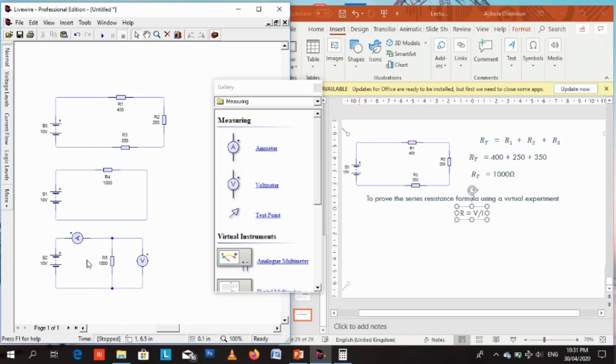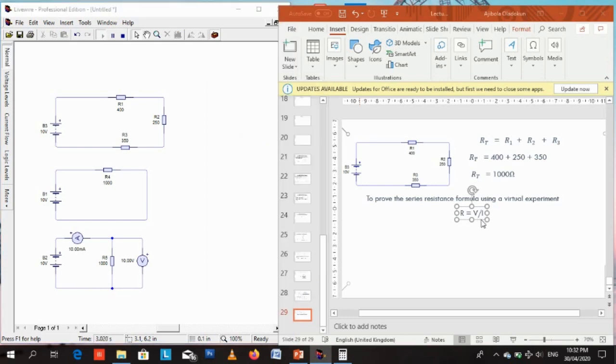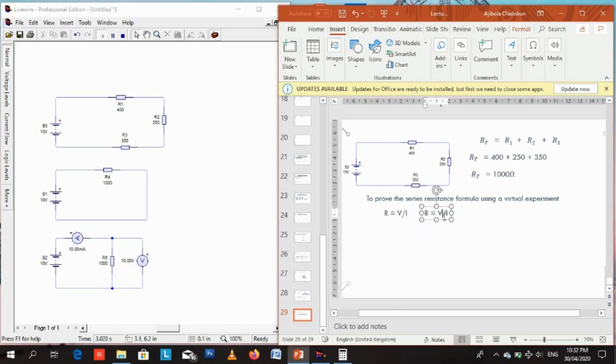Okay, so we've connected the voltmeter across the 1000 ohm resistor, and so we see that the current is 10 milliamps and the voltage is 10 volts. The voltage across the load is 10 volts as determined by the voltmeter.